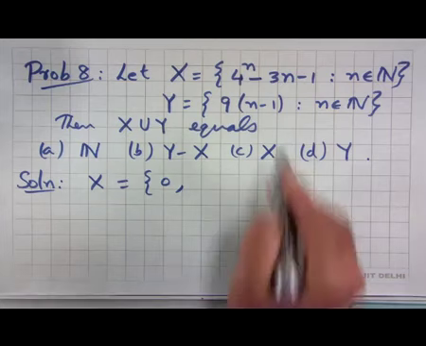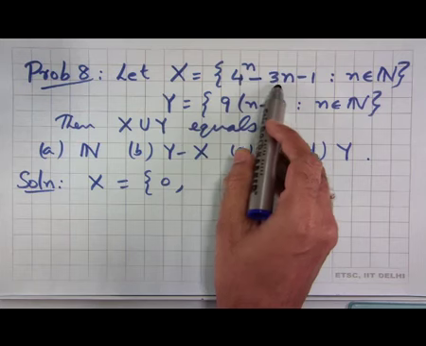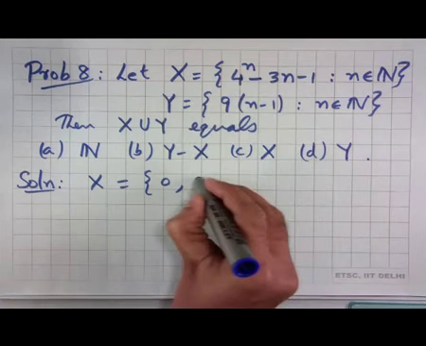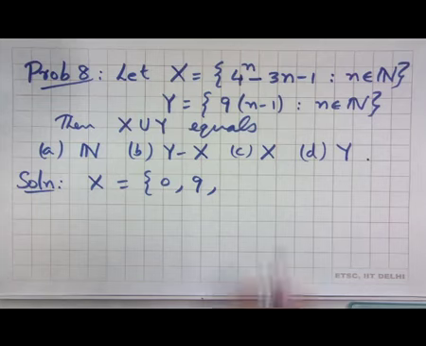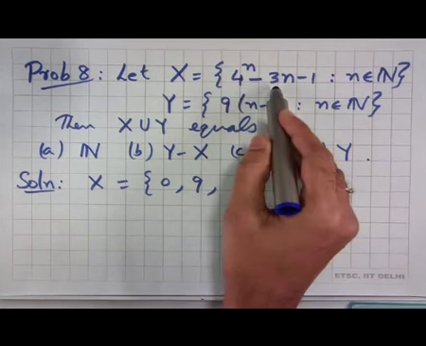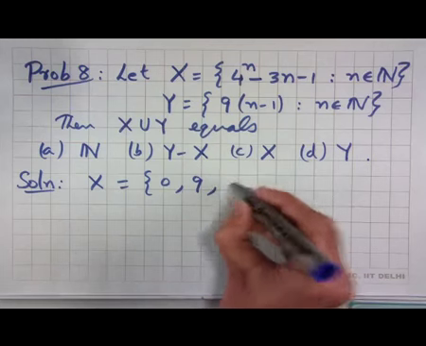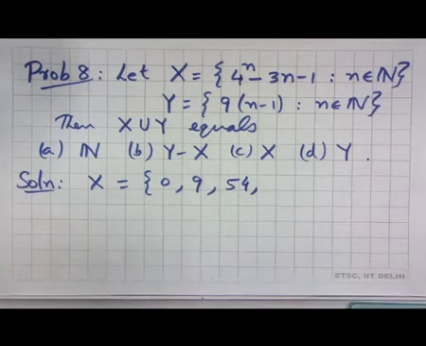If I put n equal to 2, then 4 squared is 16, minus 6 minus 1, that gives me 9. And n equal to 3 gives 4 cubed, which is 64, minus 9 minus 1, so that is 54, and if you want you can calculate more.